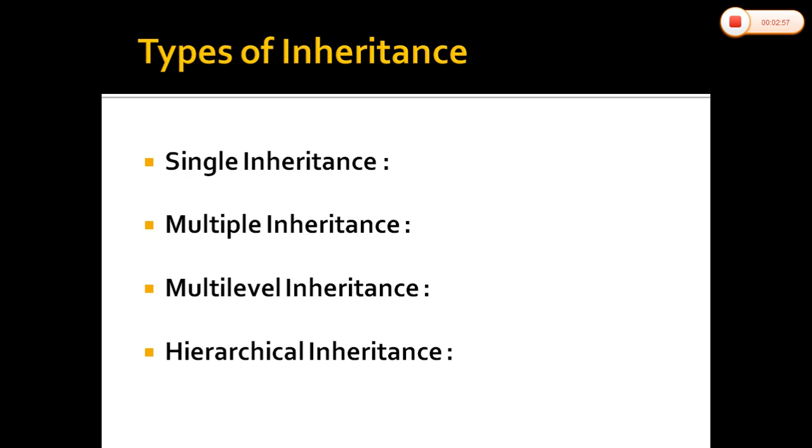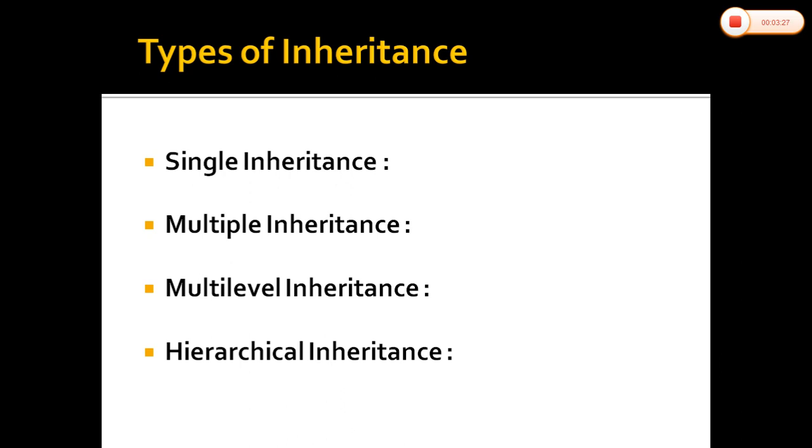Understood? Second one is, what is multiple inheritance? Multiple inheritance is a process which involves more than one parent class, wherein the child class will access the methods and properties of n number of parent classes together based upon the problem statement by using the objects of the child class.